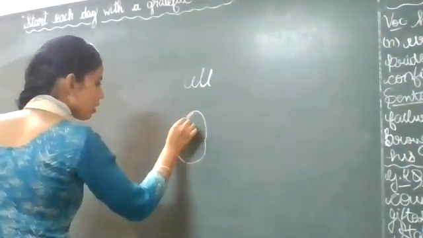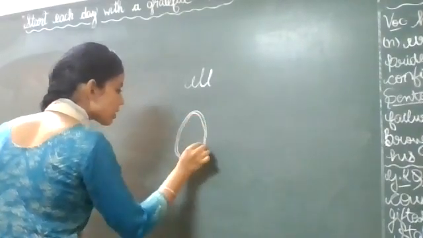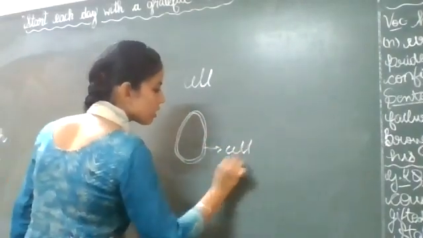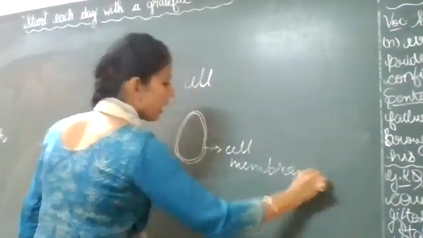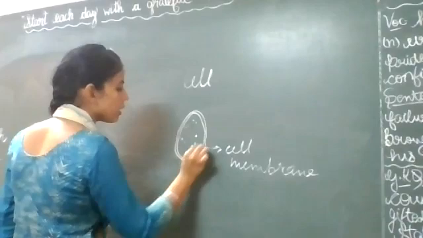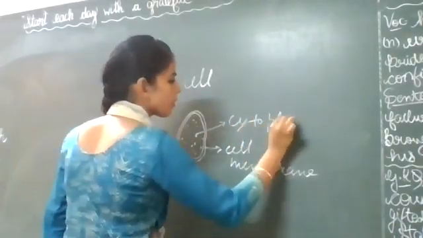The membrane that is surrounding the cell is called the cell membrane. In the cell there is a fluid, jelly-like substance that is called cytoplasm.